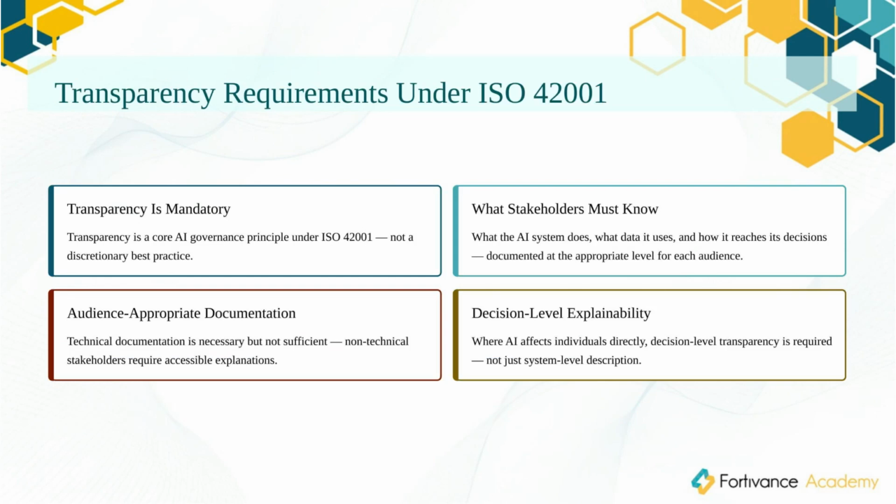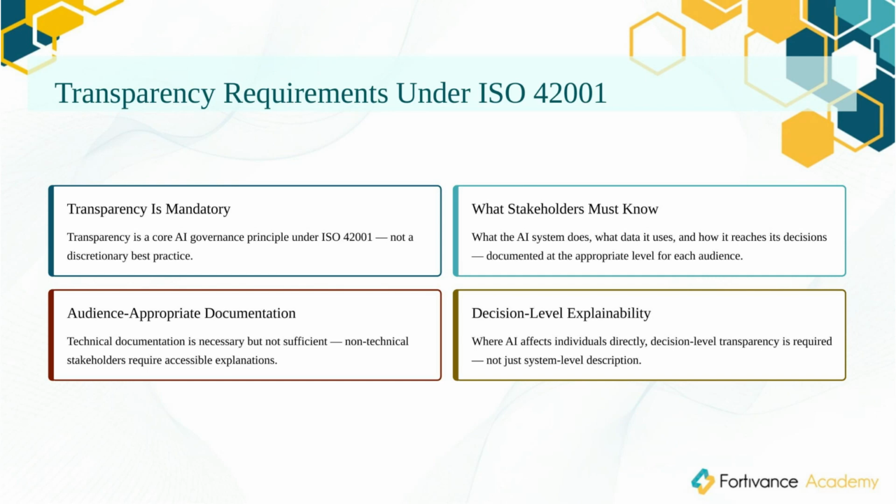Transparency under ISO 42001 is not a single control. It is a principle that runs through multiple Annex A requirements. The core requirement is that stakeholders must be able to know what your AI systems do, what data they use, how they make decisions, and what the limitations are.